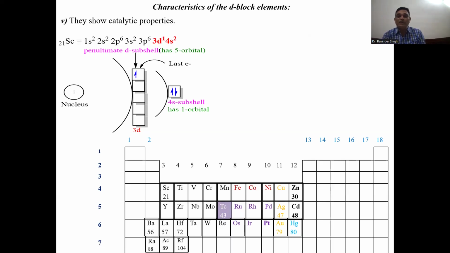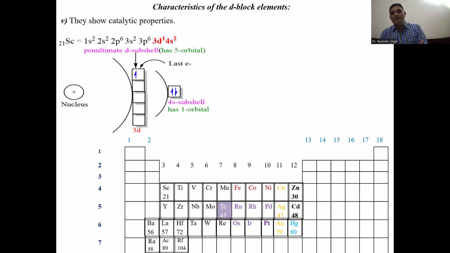Due to the large surface area and the unpaired electrons, they provide surface area for the incoming reactant molecules to come and sit on their surface, and thus they alter the pathway of the reaction and speed up the rate of the reaction. As the d block elements provide the surface area for the reactant molecules to sit on, they come closer to each other and collide, and thus increase the rate of the reaction.